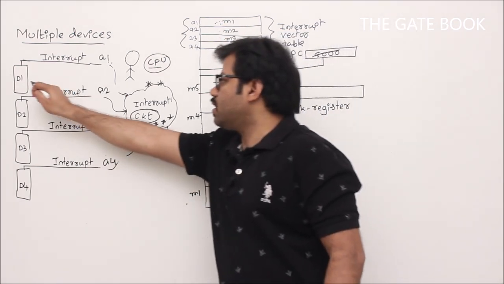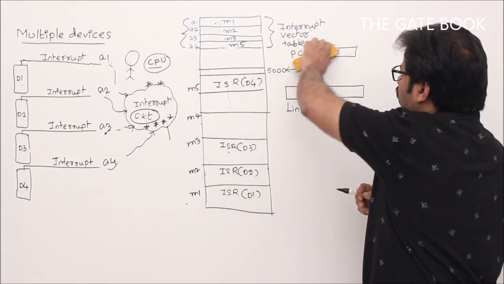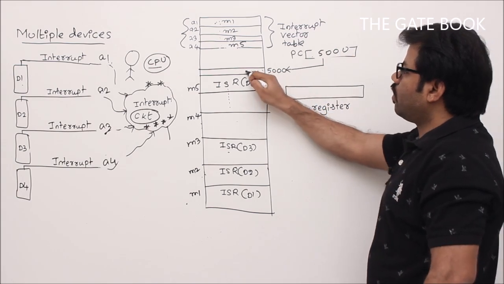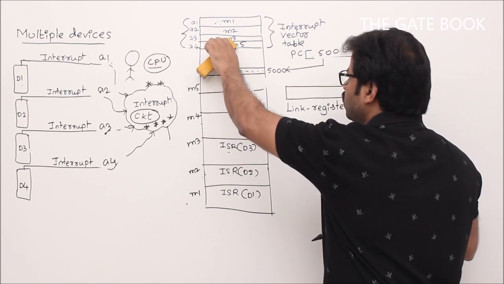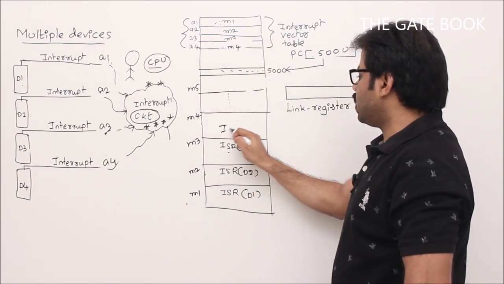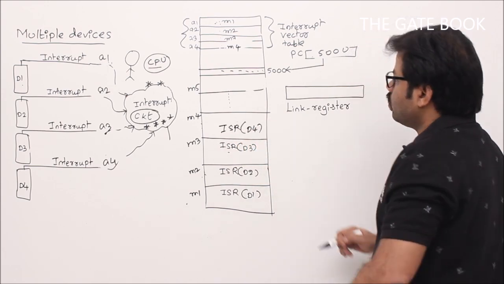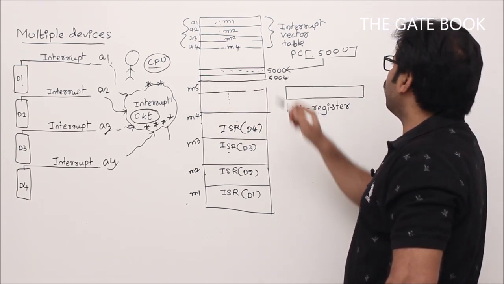Example, let's say device number 1 interrupts, and at that time you are executing a program which is at 5000. We are busy doing something here. After that we would like to go to M4, where we have the interrupt service routine, let's say D4. After 5000 we are going to execute the next instruction which is at 5004.